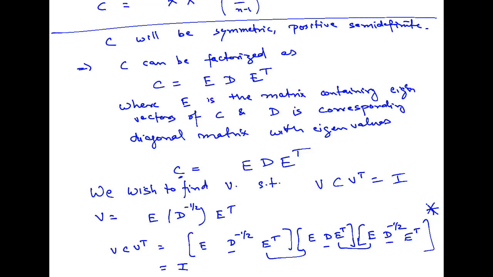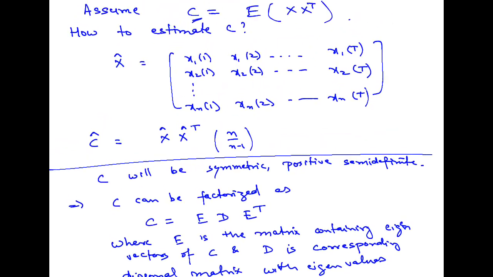So we are saying that we are decomposing C using eigenvalues. But my matrix C, an estimator of that, is given by this matrix X. Right? Can we relate E to something that we know about X or something we can do for X?